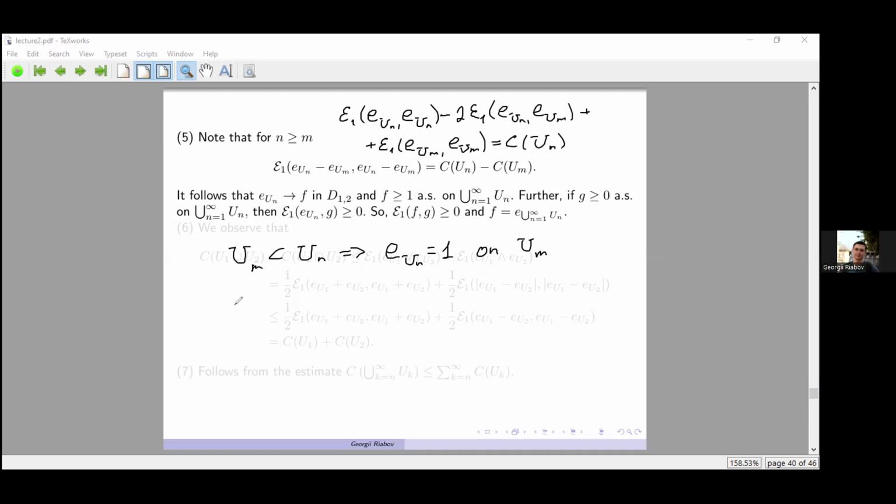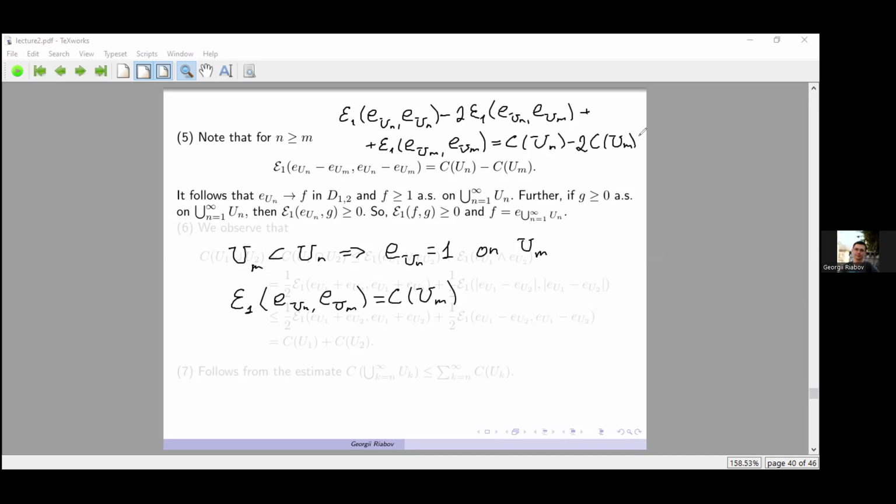And we had a property that for all such functions, their inner product with EUm will be equal to the capacity of Um. So it means that the second term is minus 2 capacity of Um.